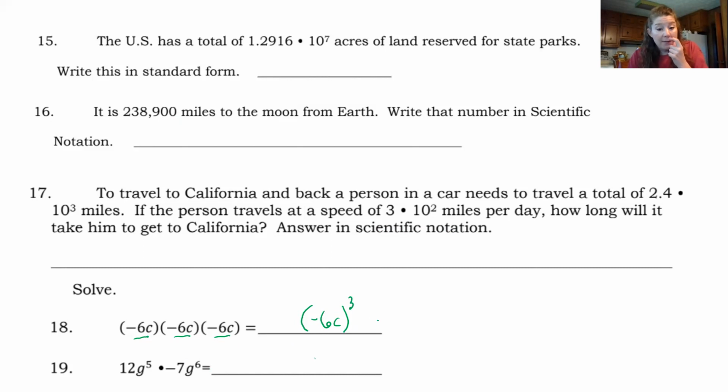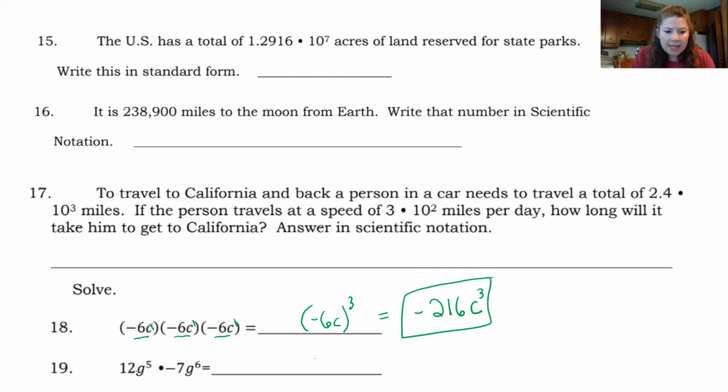Okay. So anyway, if I multiply -6 together 3 times, I'd get -216 times c to the, add up all those ones, 1 plus 1 plus 1 is 3. That's the answer.